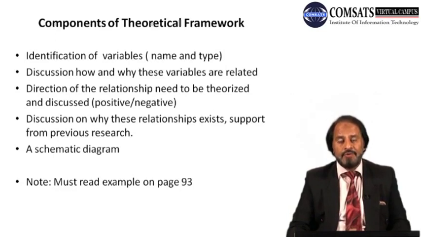So you substantiate and support your theory or the relationship you have defined with previous research or literature, which suggests the type of relationship certain variables have and what the direction of the relationship is, positive or negative. Whatever you say, you need to support it with existing research, not just what you feel.